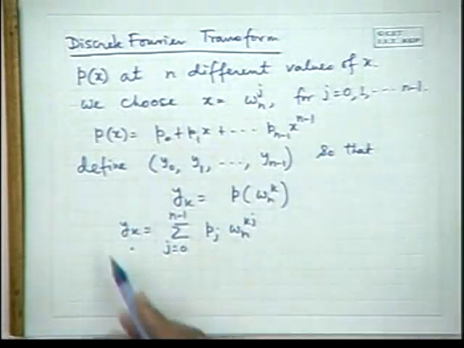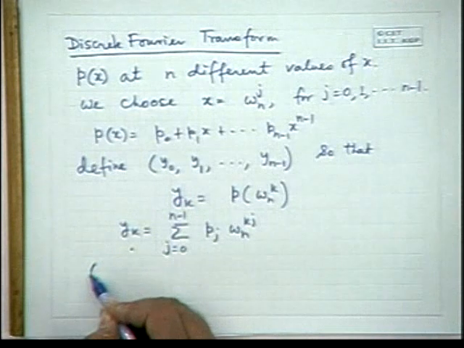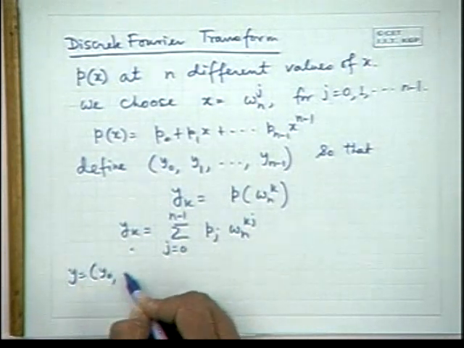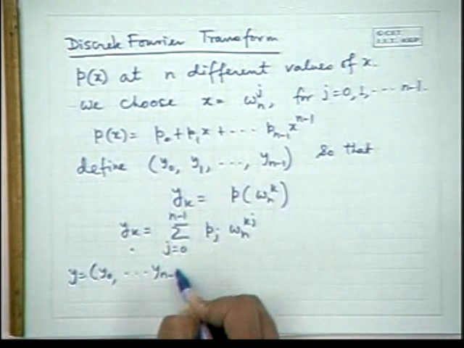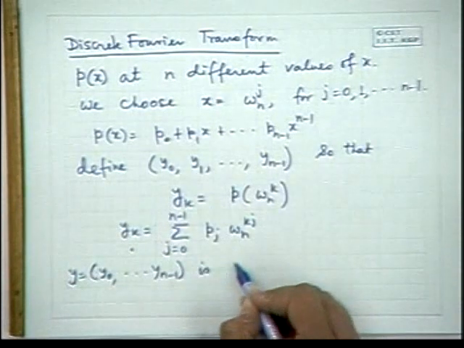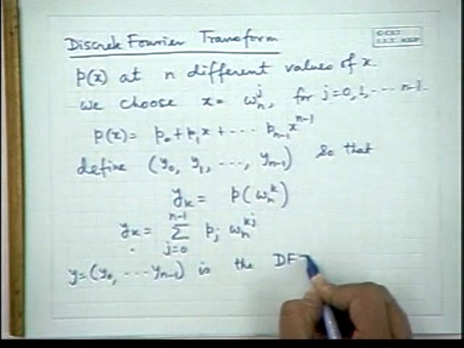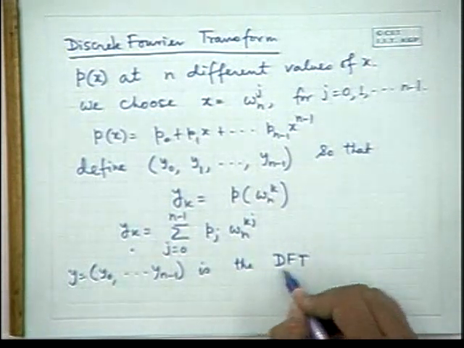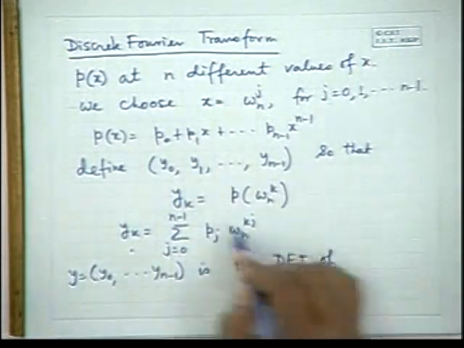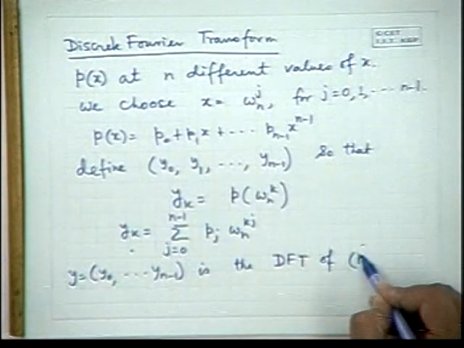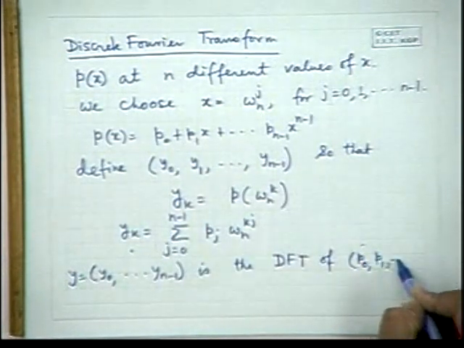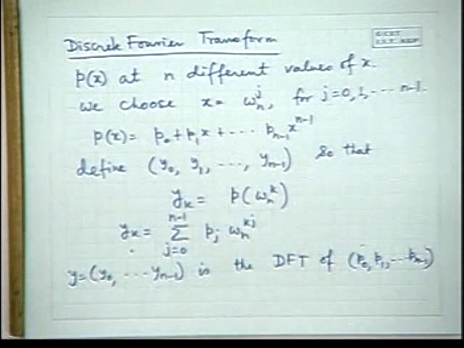Now, this vector y equal to y0 up to yn minus 1 is called the discrete Fourier transform, DFT, of the vector p0, p1, up to pn minus 1.